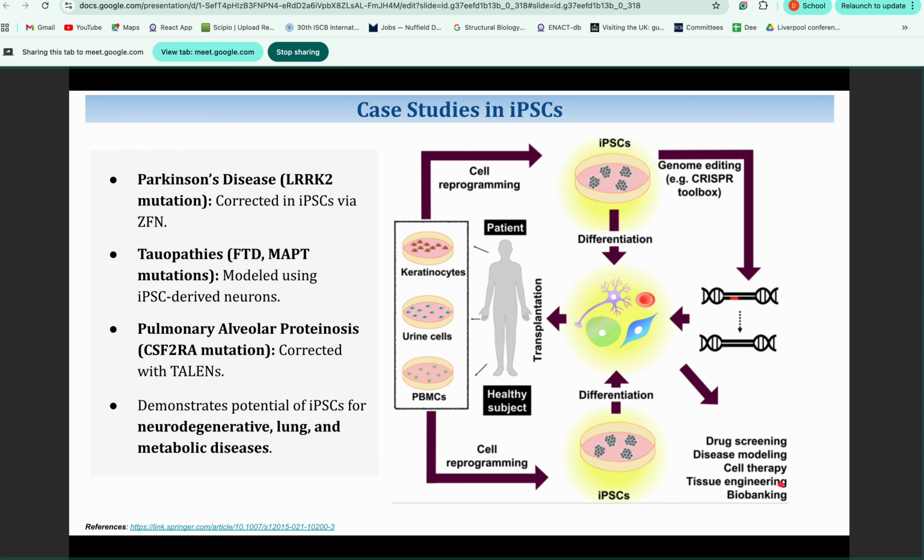So we can engineer tissues, do cell therapies, and study disease, so we can compare among both of them, whether there is any defect in these cells which are produced. In that way we can compare with the help of iPSCs, that means we are comparing the disease model states, to see whether my therapy is working or not.